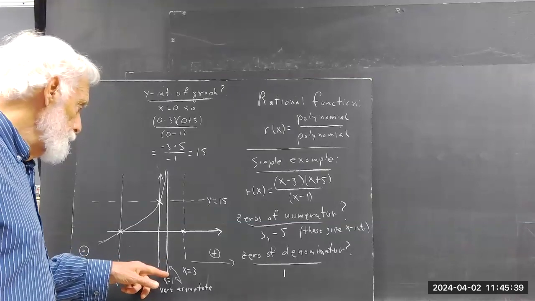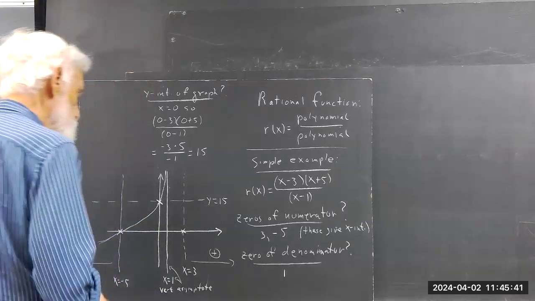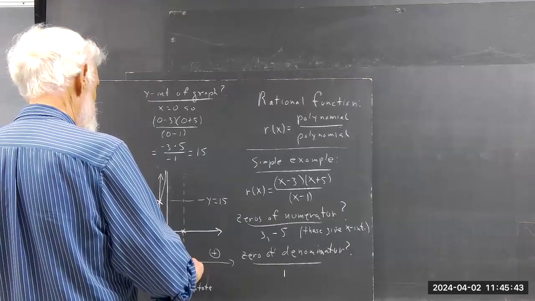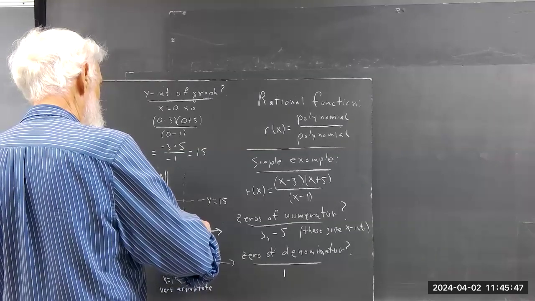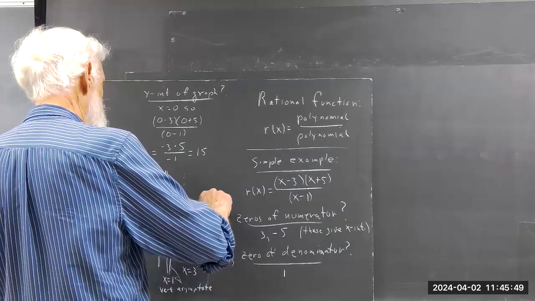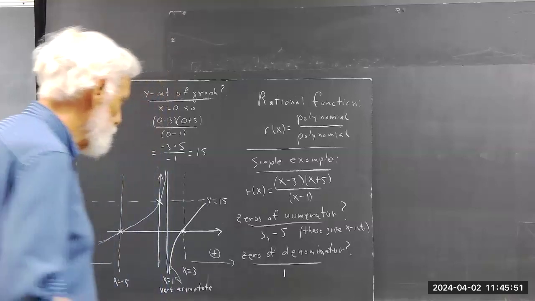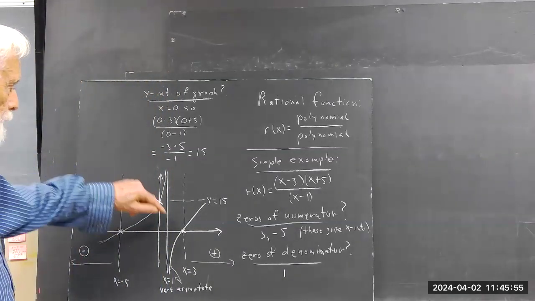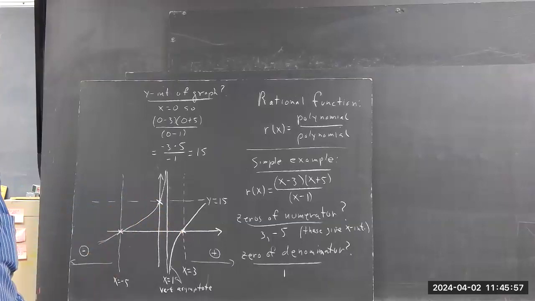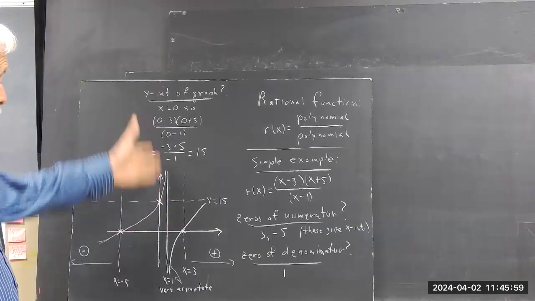Then on this side of the vertical asymptote, it's going to be negative here. It's going to come up here, and now it goes through 0. And now it's going to do something like this. Okay, so that manages to get me through all the intercepts and to give me a vertical asymptote.